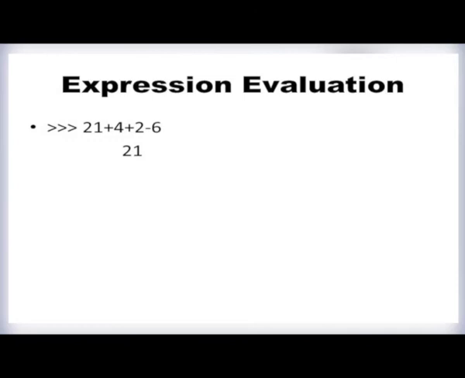Since expressions themselves represent values, they can be used as operands in lengthier expressions. In this example, the sub-expression 21 + 4 is evaluated first. Its value 25 is added with the next literal 2, leading to the intermediate result 27. This value is in turn used for subtracting 6, which ends up with the answer 21.